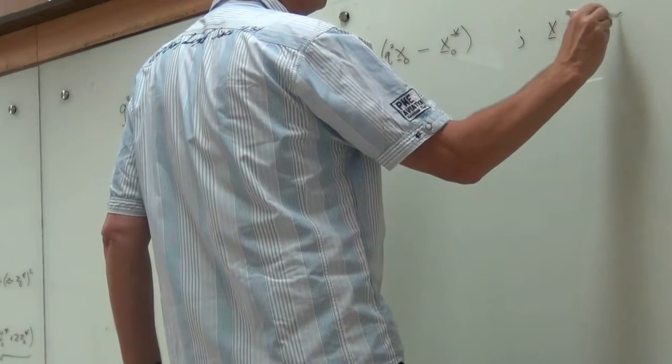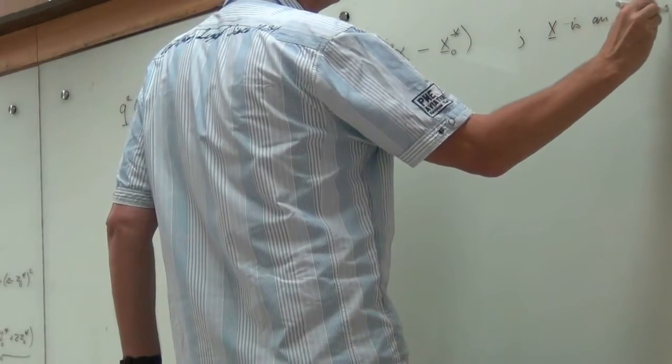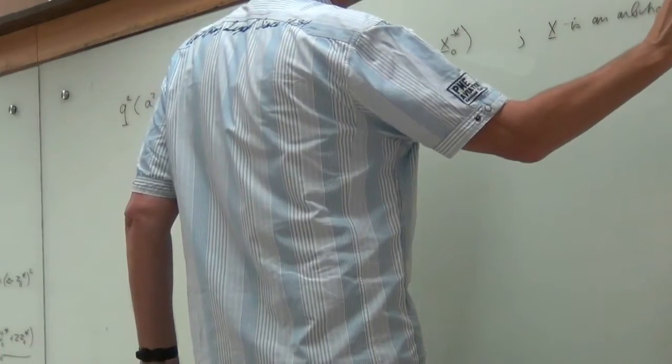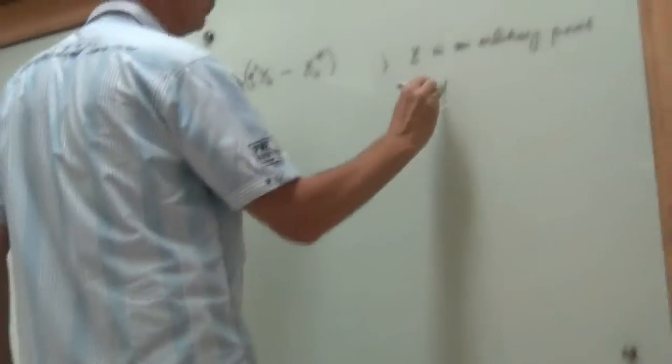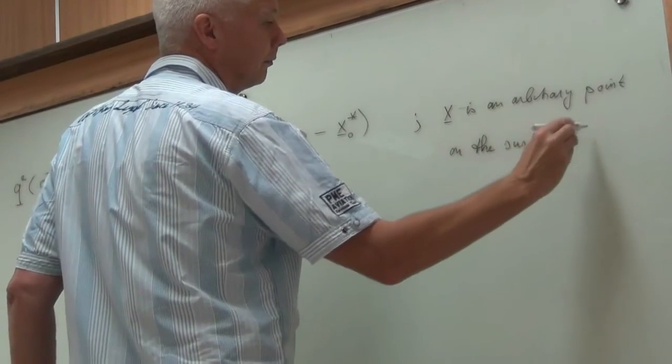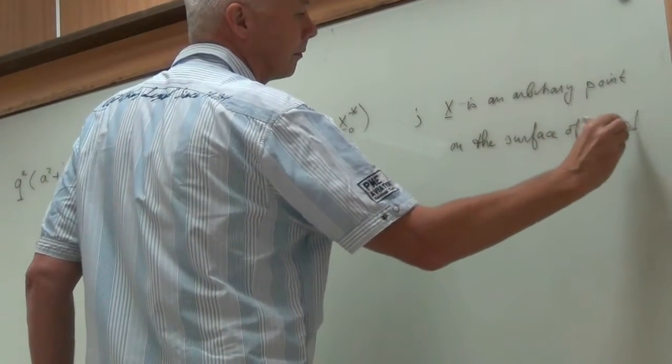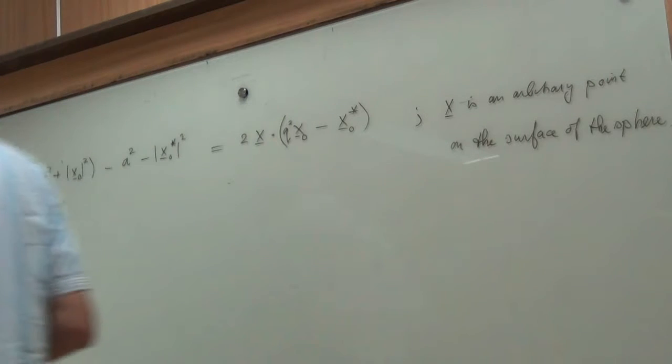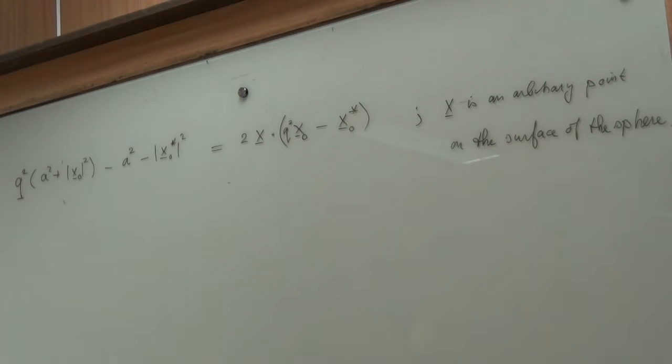Okay. First of all, we observe that x is an arbitrary point on the surface of the sphere. So that point can vary.